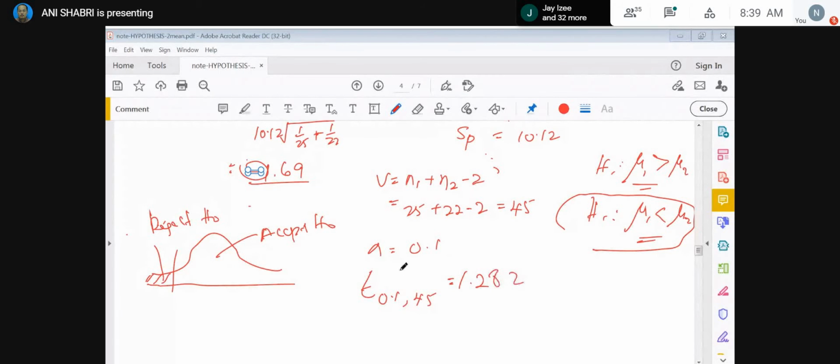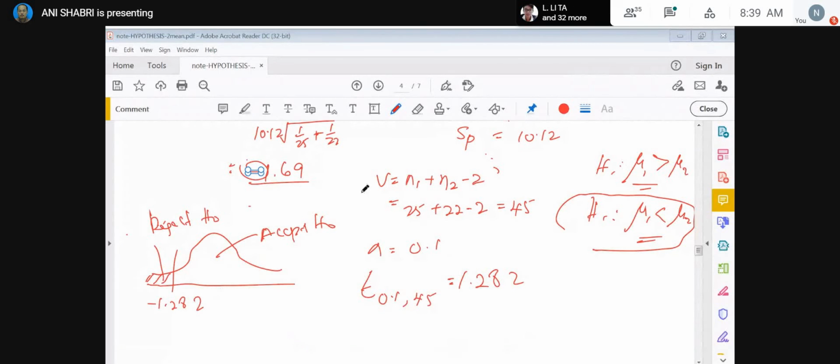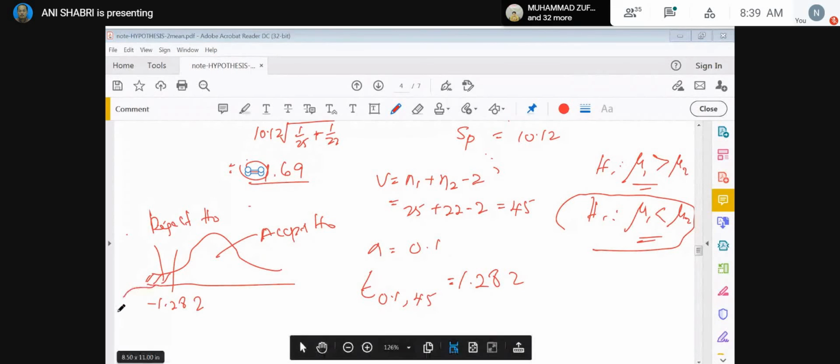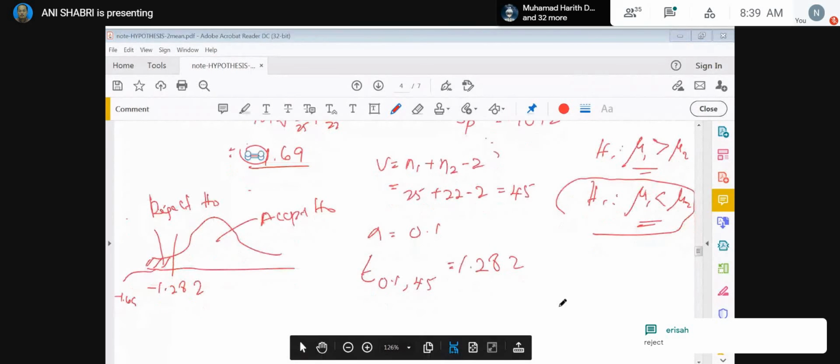Okay, for this one is negative, negative. Accept or reject for this one? If you see, we calculate negative 1.69. Okay, it is mean we reject H0. Reject H0, it is mean we accept H1.